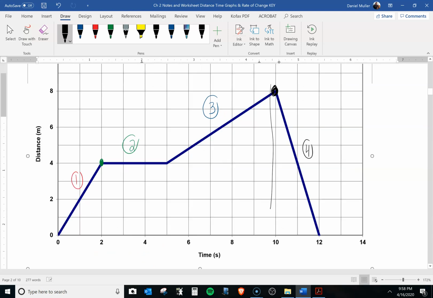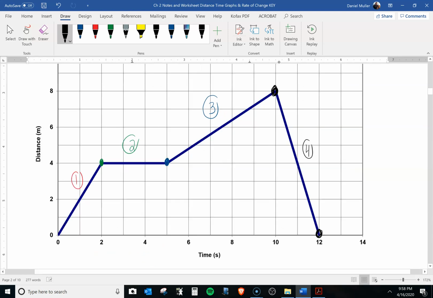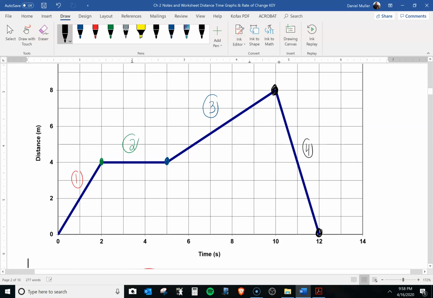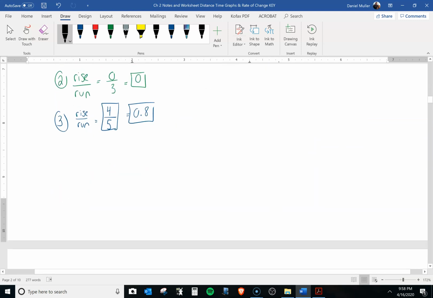So our rise in this section is from 8 all the way down to 0. So how much have we risen? Well, we call that -8. The total distance is 8, but it's heading down. So we need to write -8.